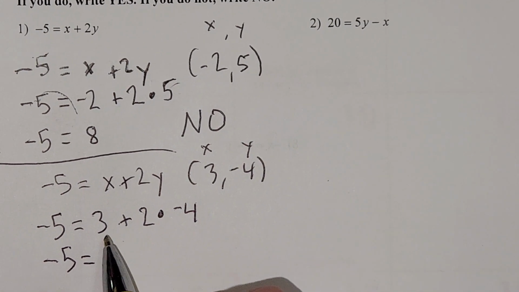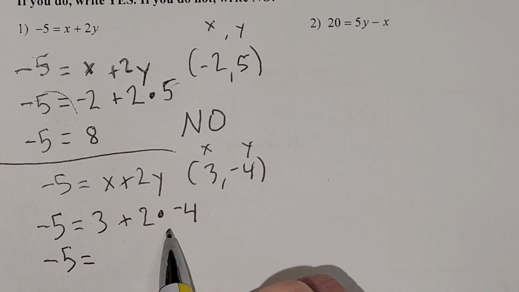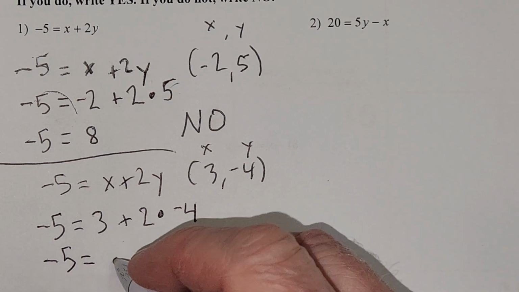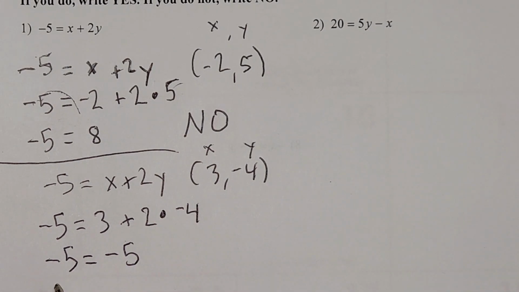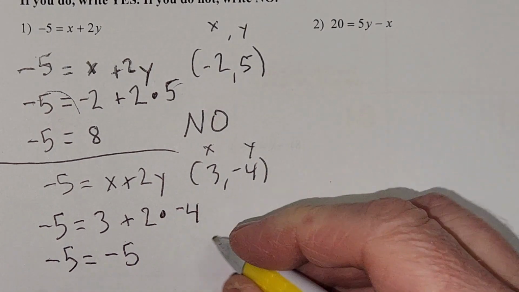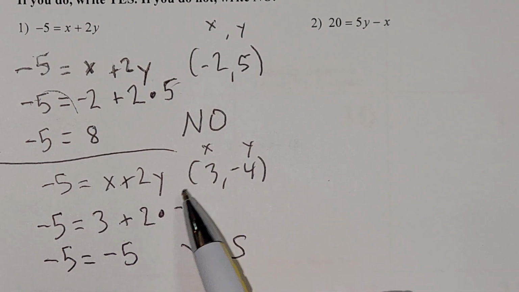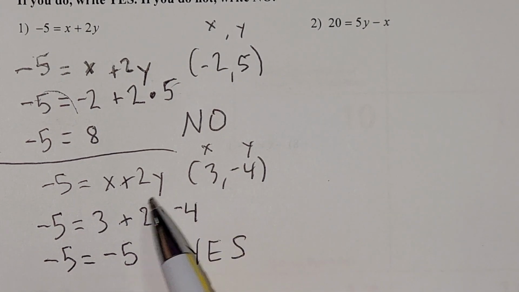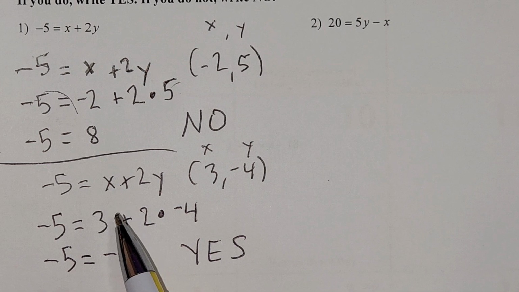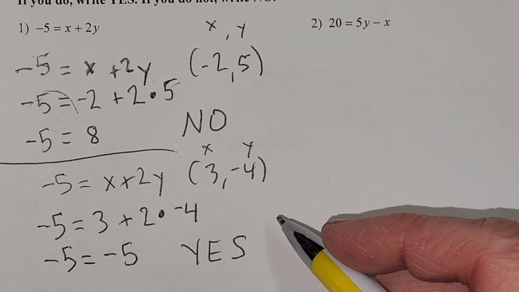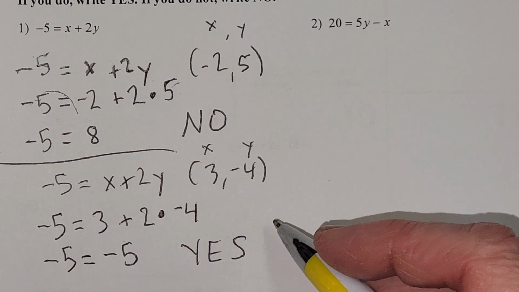So you're going to plug 3 plus 2 times -4 into your sweet calculators. And that's -5. Hey, what do you know? Does -5 equal -5? That is a yes. That means that this point, (3, -4), satisfies this equation. It makes it work.